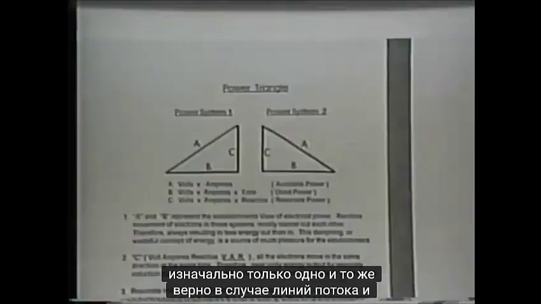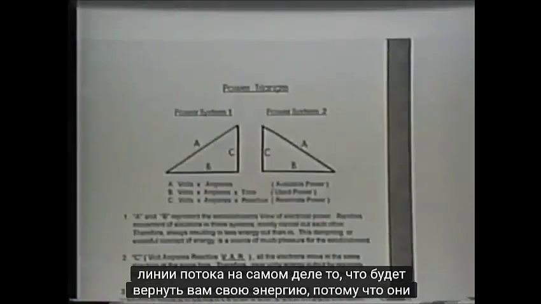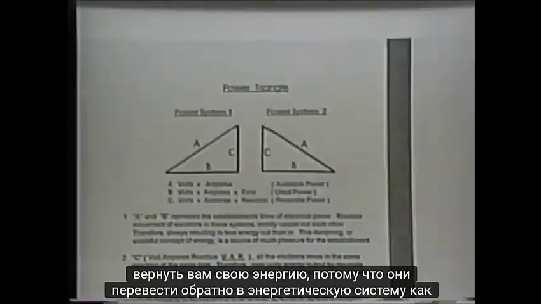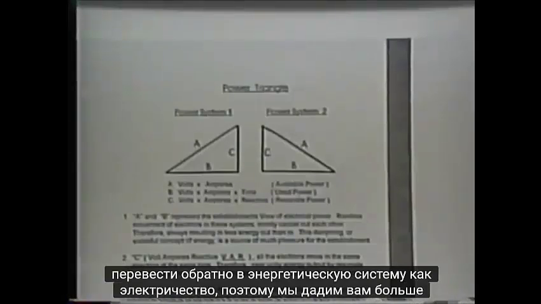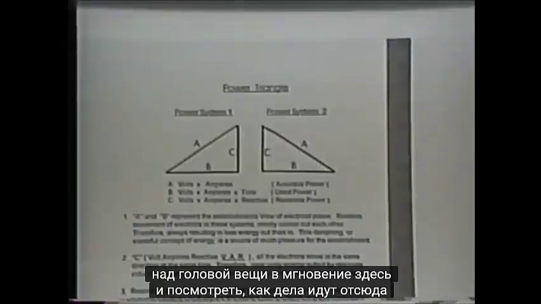And the same thing is true in the case of flux lines. And the flux lines are actually what will give you your energy back, because they translate back into the energy system as electricity. So we will get you some more overhead things in just a moment here, and see how things go from here.